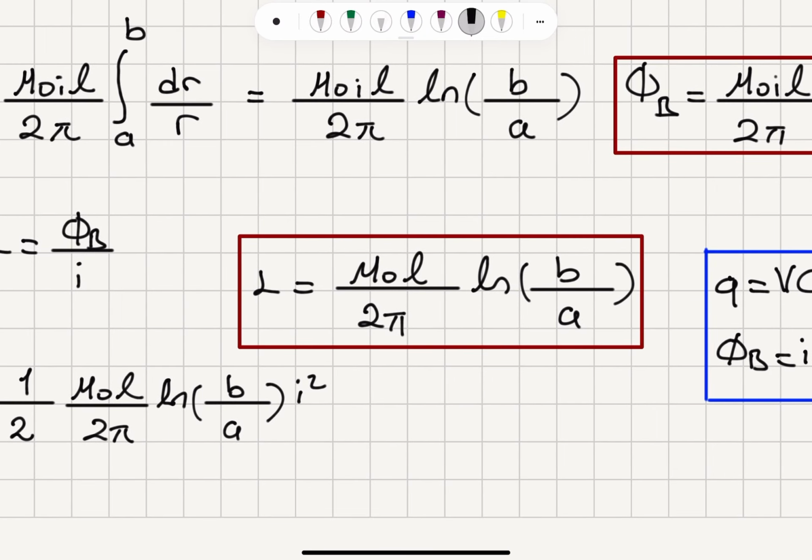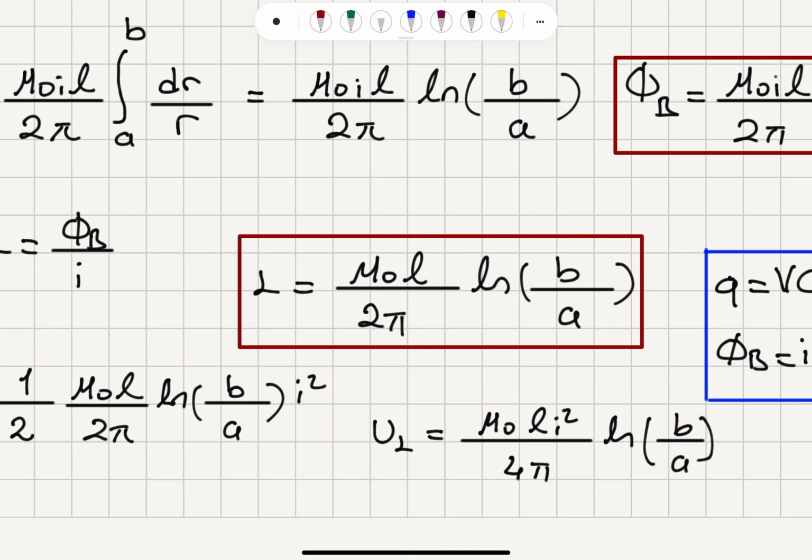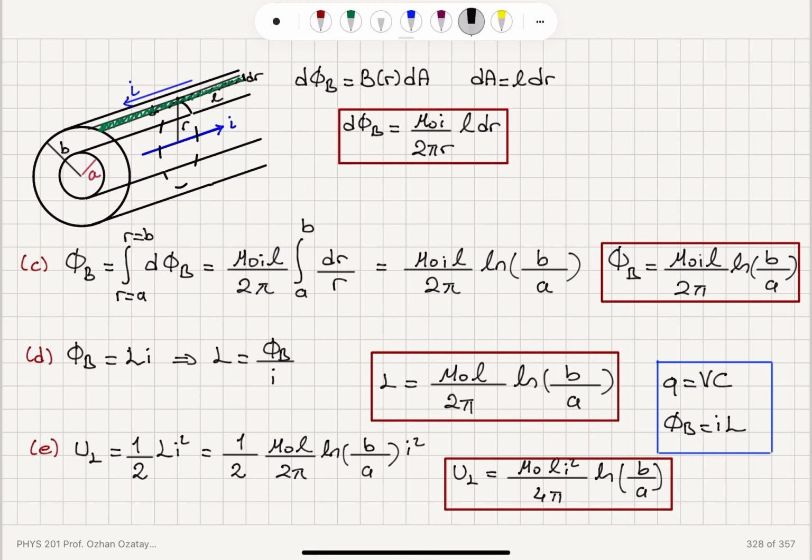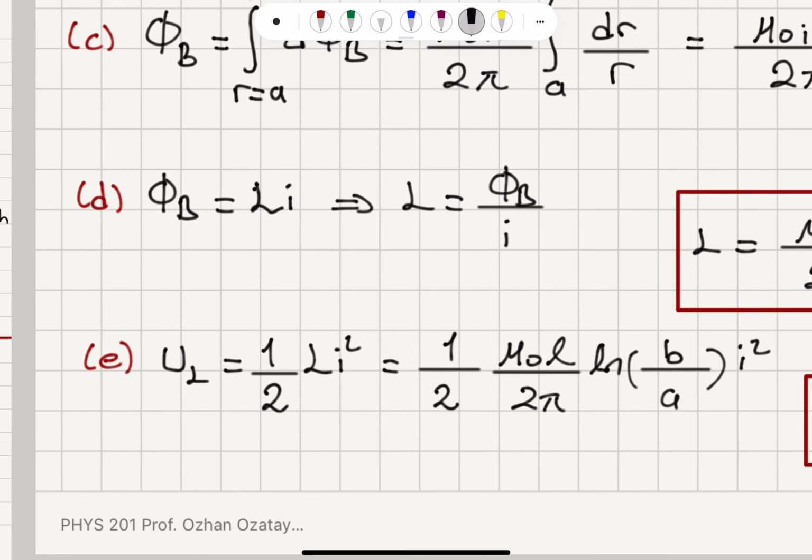So we can rewrite this answer. The energy stored is mu 0 L I squared over 4 pi natural logarithm B over A. And this equation is also analogous to the capacitance case.